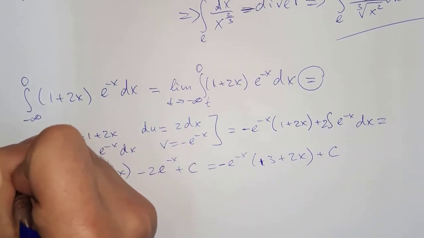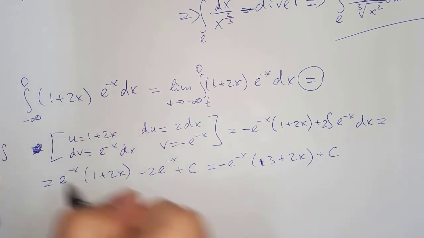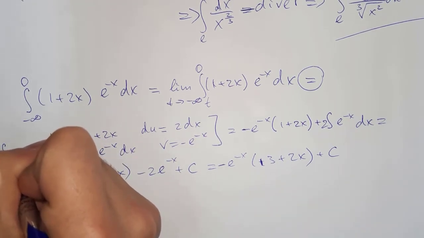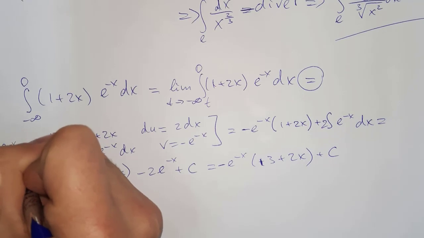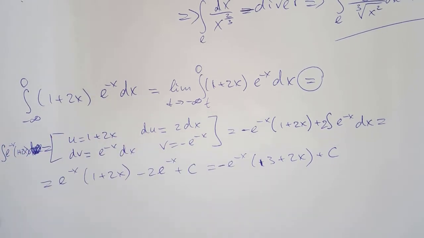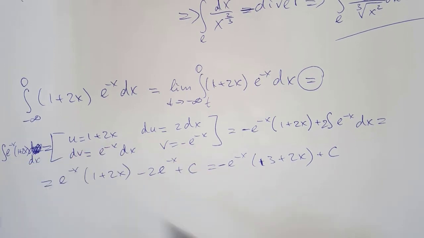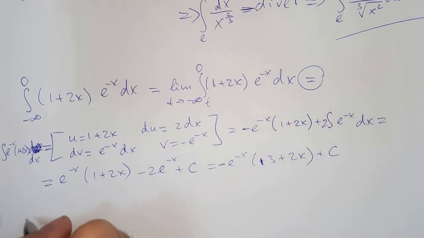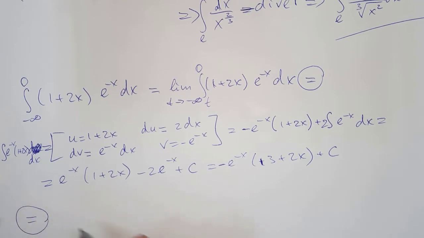Okay, so the integral of e to the power of minus x times (1 plus 2x) dx. Now let's put in the limits. Let's continue from this place.